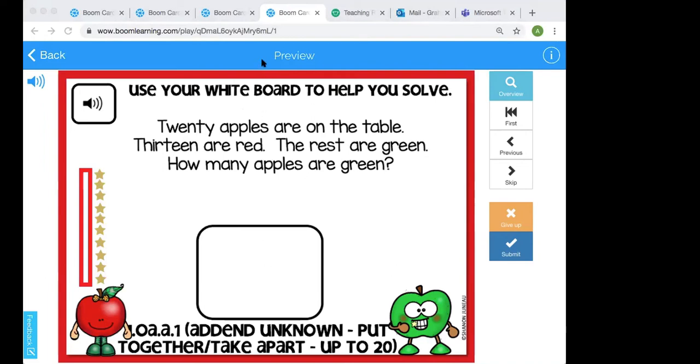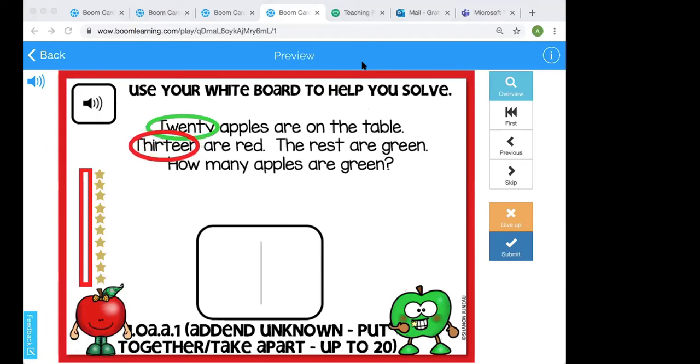So let's go back and circle 20 and 13. So let's read the problem again. 20 apples are on the table. 13 are red and the rest are green. How many apples are green?